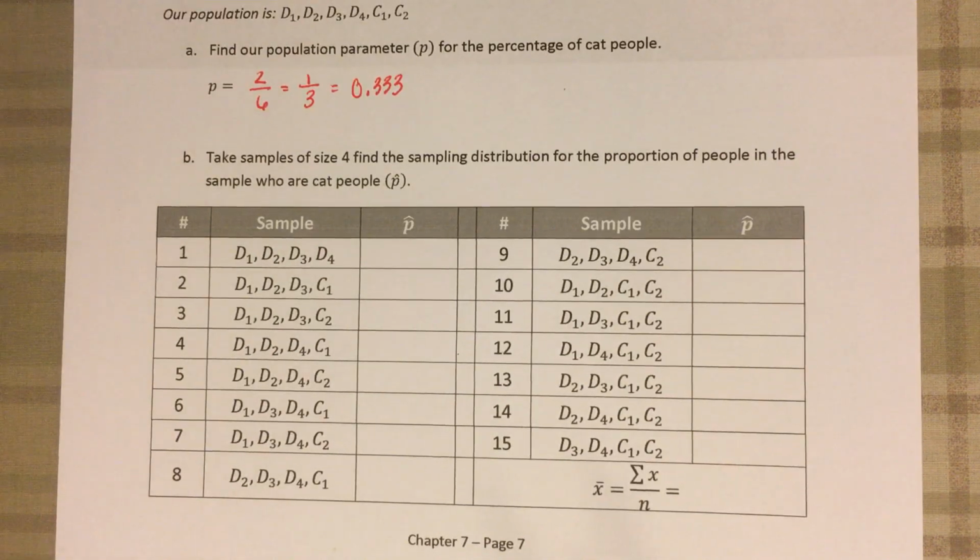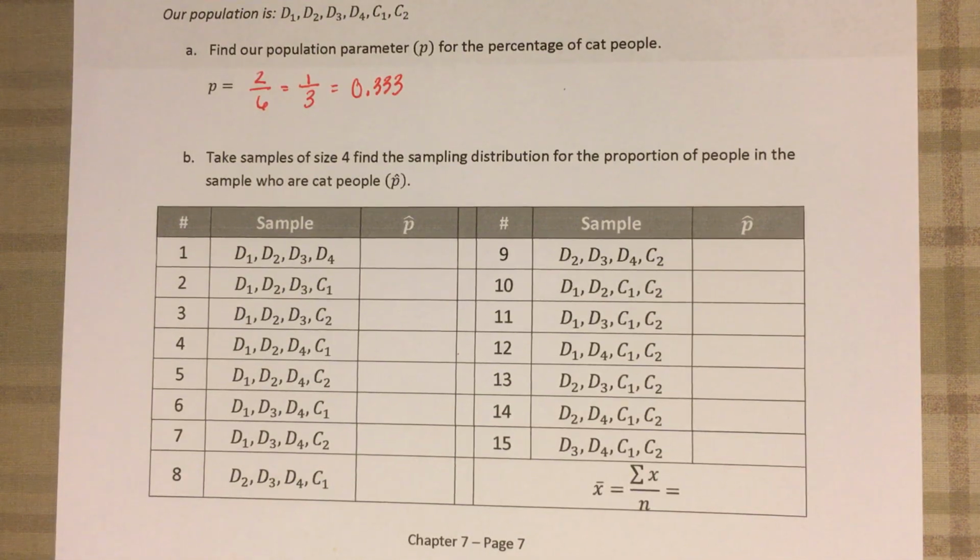Out of that population of 6 people, we've written down every possible combination if we were to take samples of 4 people. Now we're going to look at all of these combinations and find our proportions for each one.